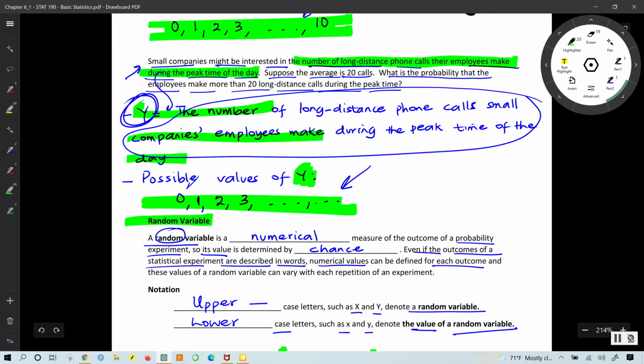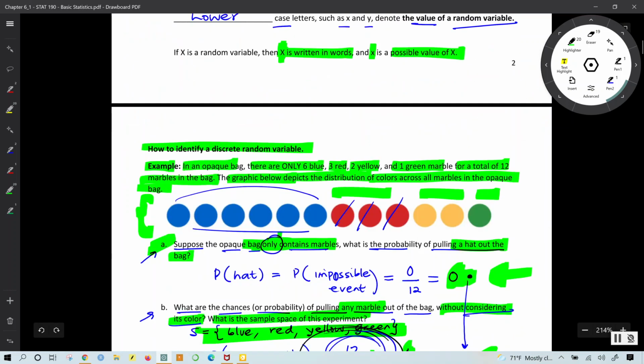You observe that it can take 0, 1, 2, 3, but there is no stop to this possible set of values. But particularly, each of the values are all arrived at after a counting operation has been carried out.